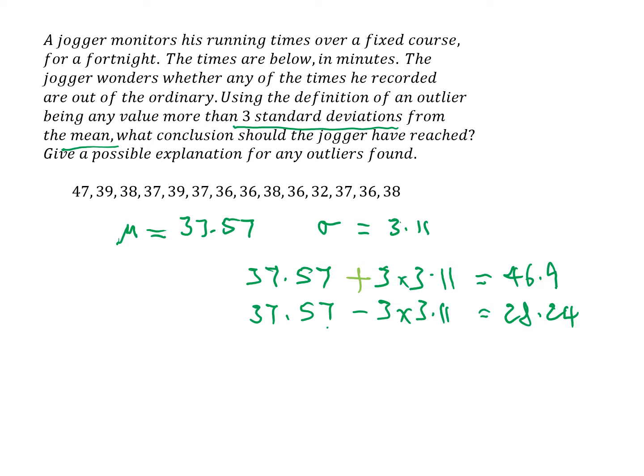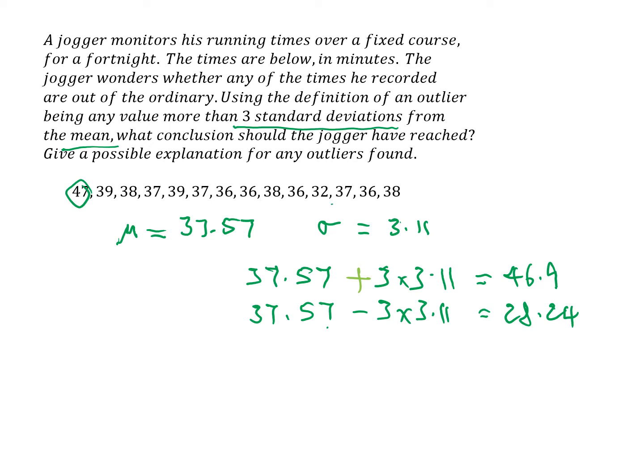So any value above 46.9 would be regarded as an outlier. And looking at the data, yes, there is one value there, 47, which is bigger than 46.9. Any value less than 28.24 would also be considered to be an outlier.